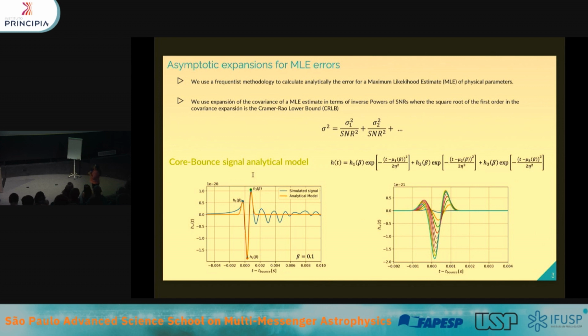This is an equation only for the core bounce, because the core bounce is the deterministic part, so we can ignore the fluctuation. With this equation, we searched the estimation error of the covariance. The next one, please.